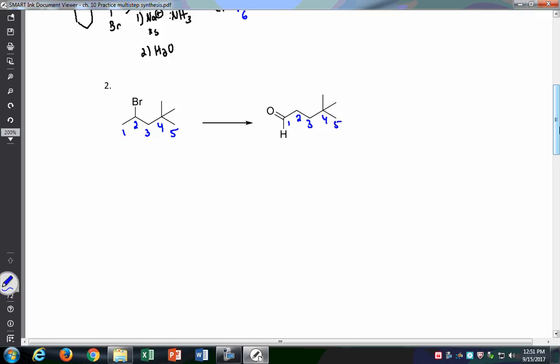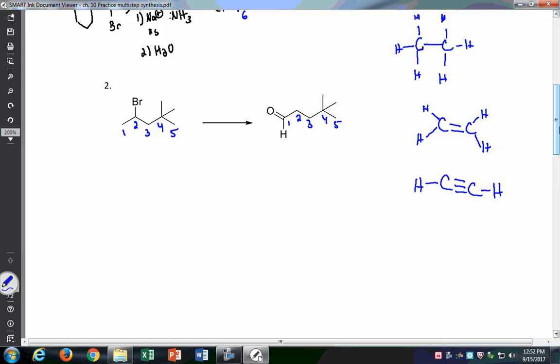Because remember, here's our carbon of our single bond. Here's our double bond. What's the difference with the amount of hydrogens? If a carbon is participating in a triple bond, how many groups can be attached to the carbon besides the triple bond? Just 1.